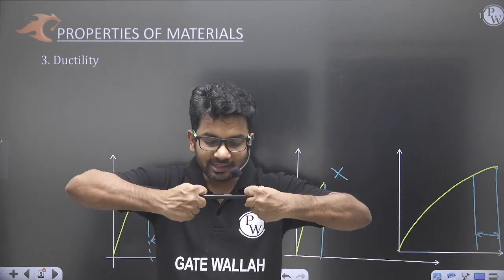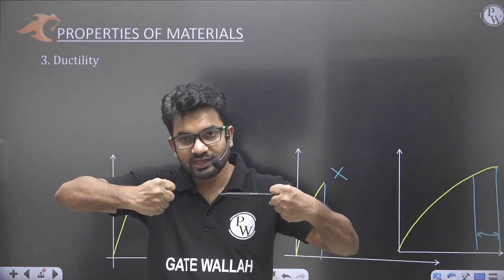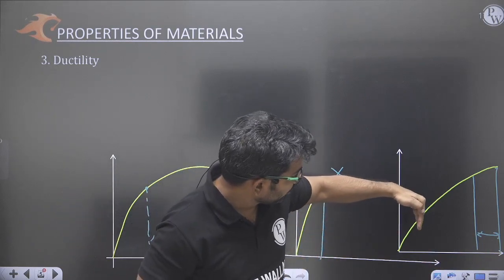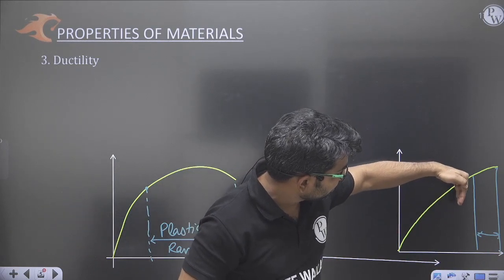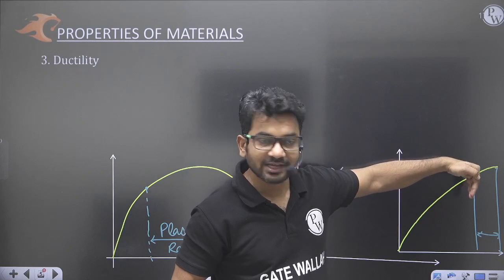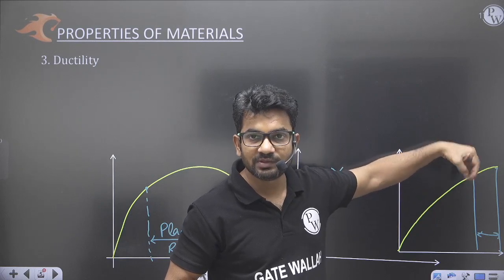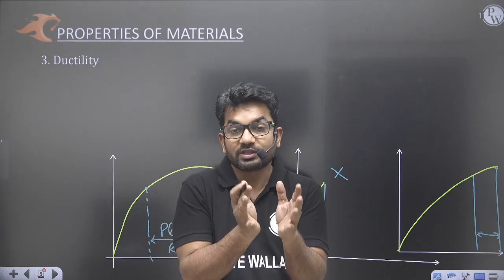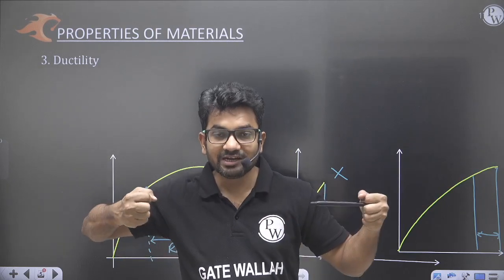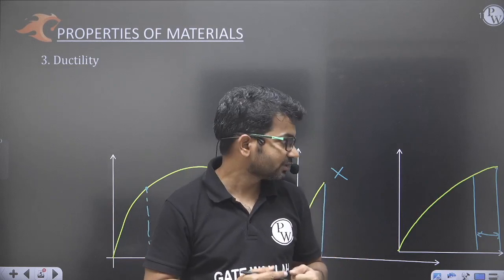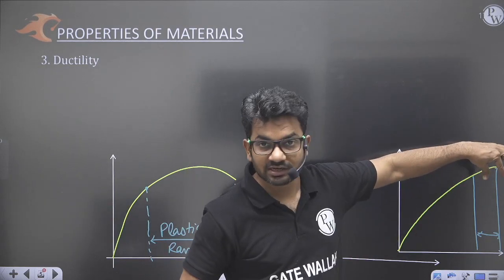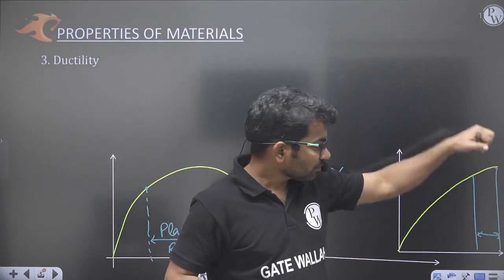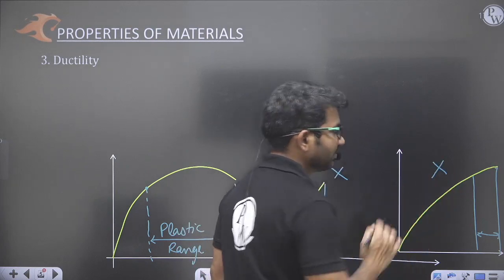If I start elongating this material, it keeps on elongating and the strain keeps increasing, but as soon as I get here, if I release the stress, it will regain its original shape and size. So it cannot be permanently drawn into thin wires. Only this much plastic strain is available, so this type of material will also not be ductile.